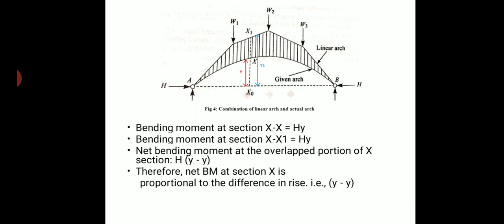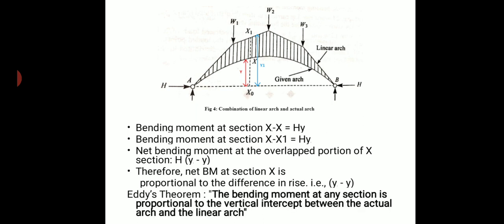Since H remains constant, the horizontal reaction remains constant, the varying one will be y1 minus y. Therefore I can say that the net bending moment at the section x is directly proportional to the difference in the rise.